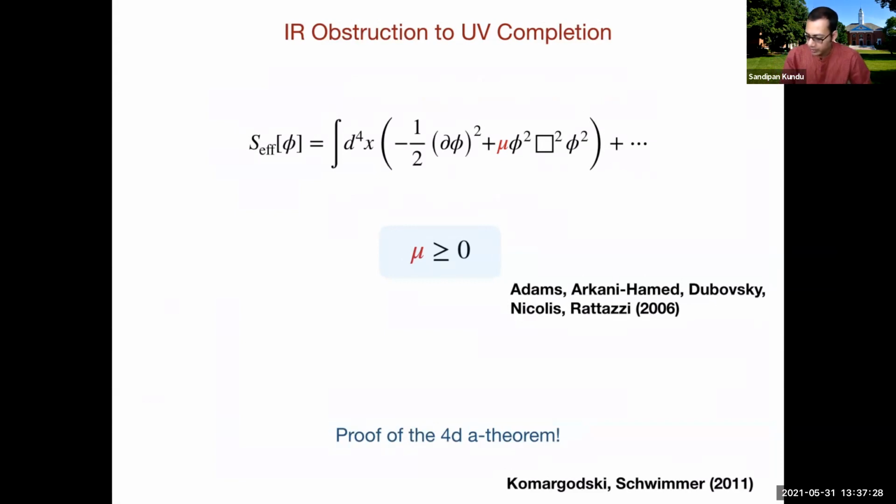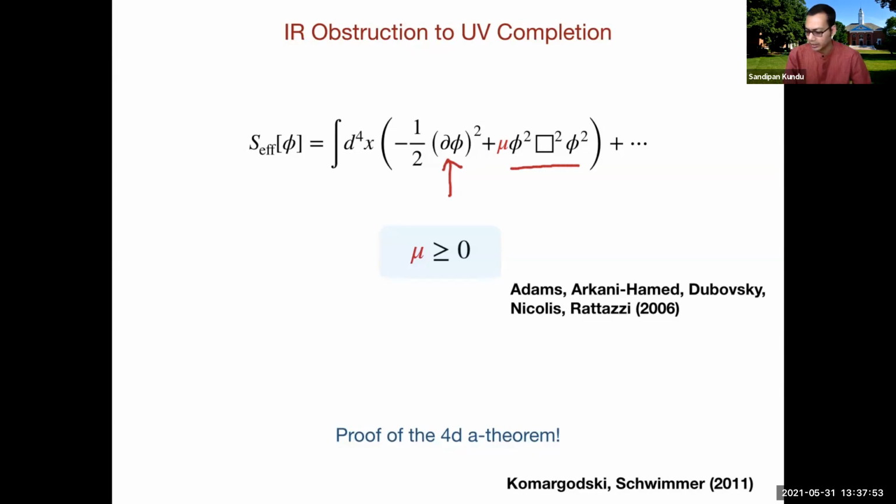So the first step is to write down a kinetic term, which is a standard kinetic term. Then there can be other interaction terms. The term that I'm going to focus on is basically a higher derivative interaction term, something like this, with some coupling constant mu. So this interaction is non-renormalizable.